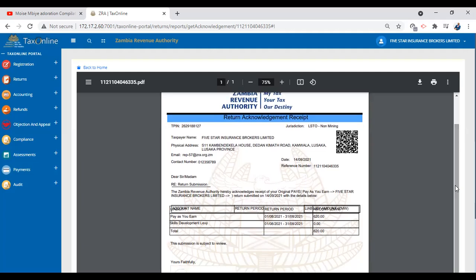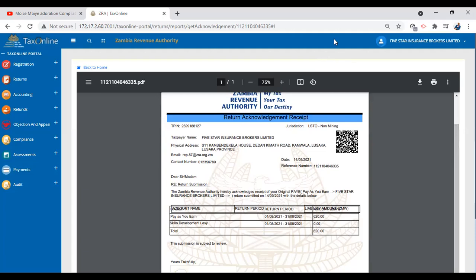So that is the amount of money which you have to submit to government. Okay, so that is how you submit the pay as you earn return.